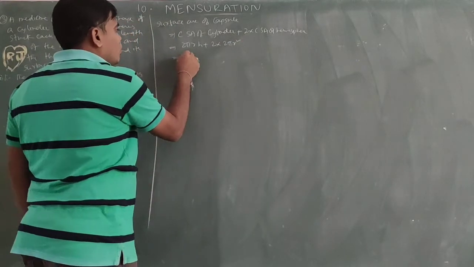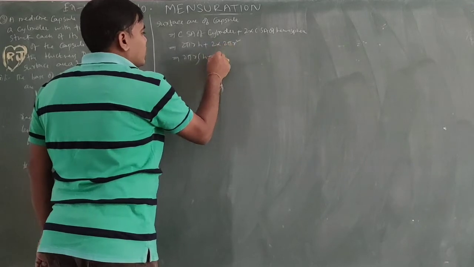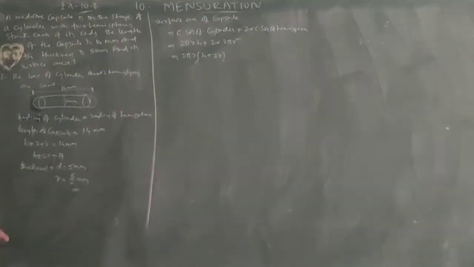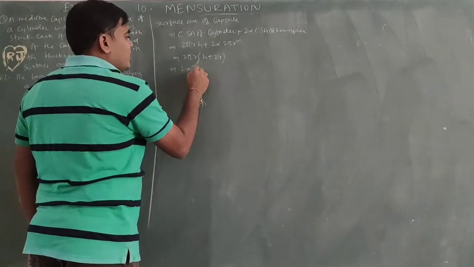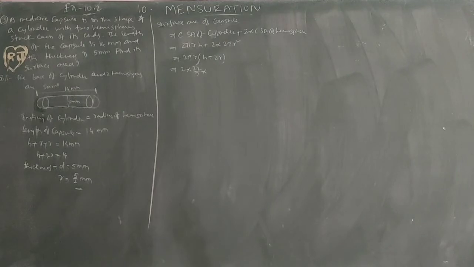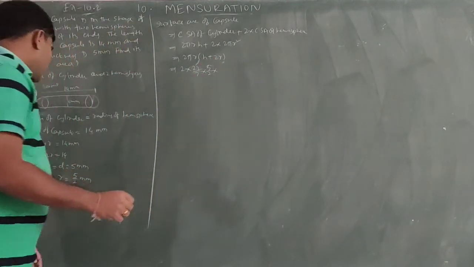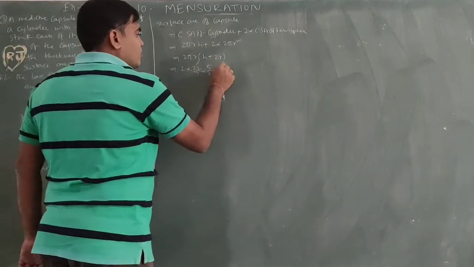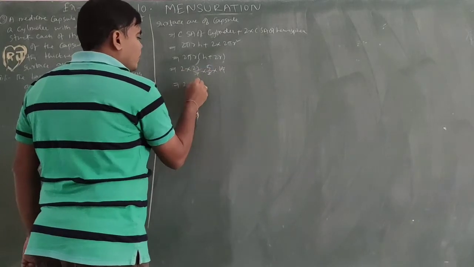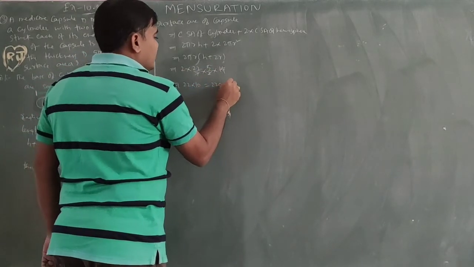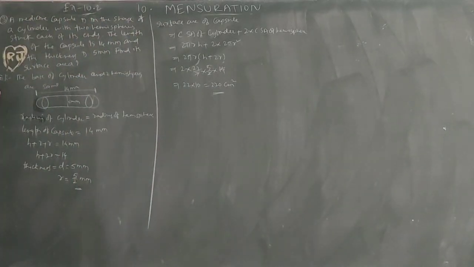Taking 2 pi r common, we get 2 pi r into h plus 2r, and h plus 2r equals 14. So 2 into 22 by 7 into 5 by 2 into 14. The 14 and 7 cancel, giving 22 into 5, which equals 110 centimeter square. This is the surface area of the capsule, the required solution.